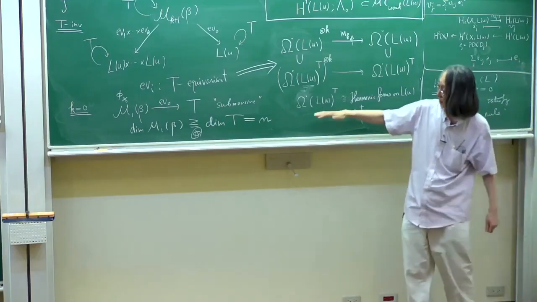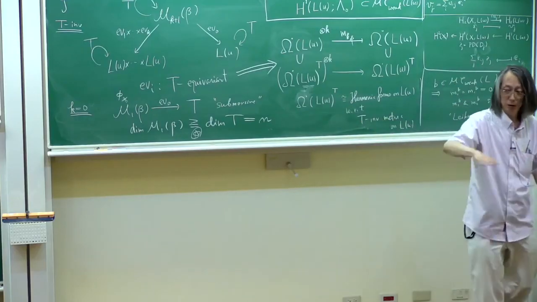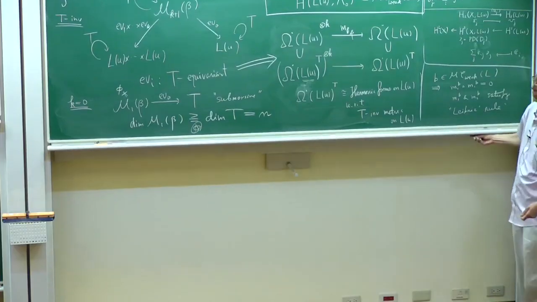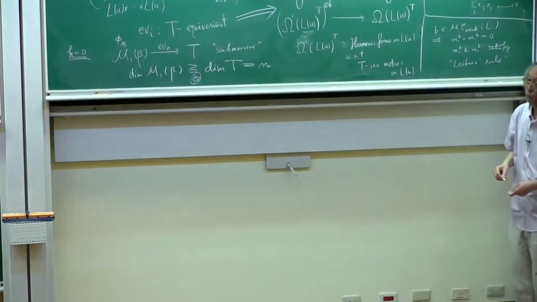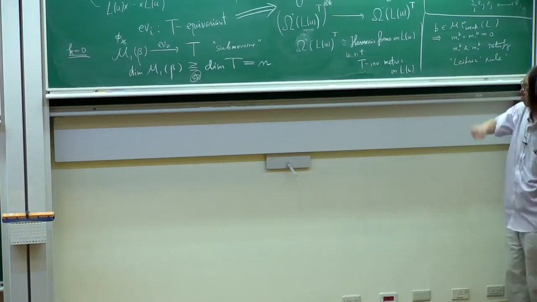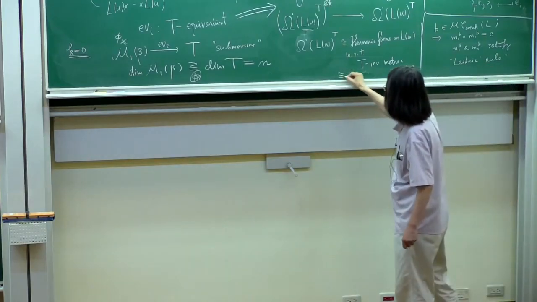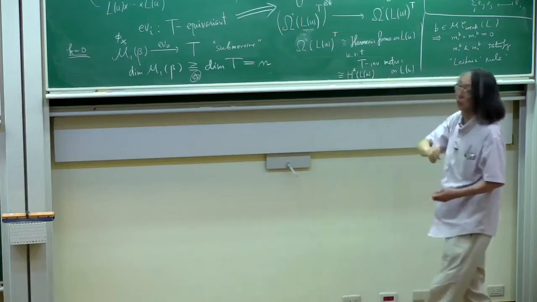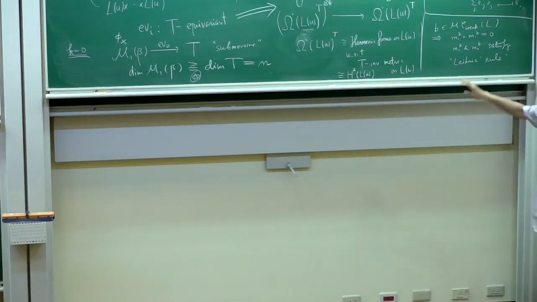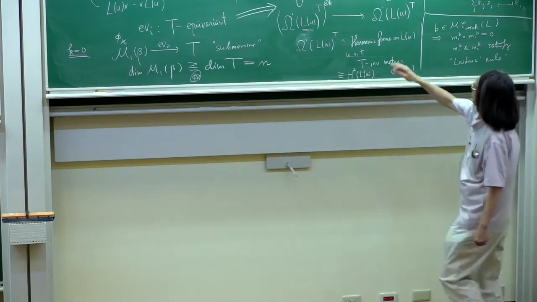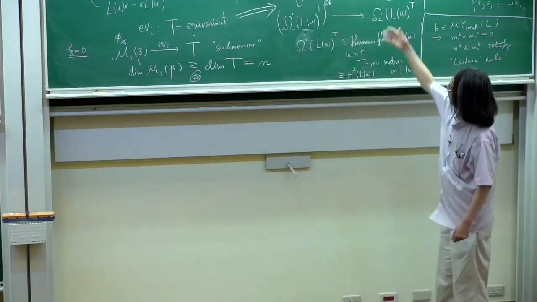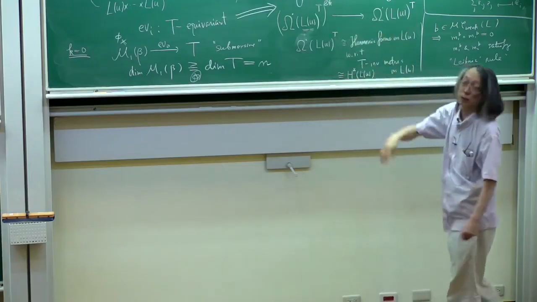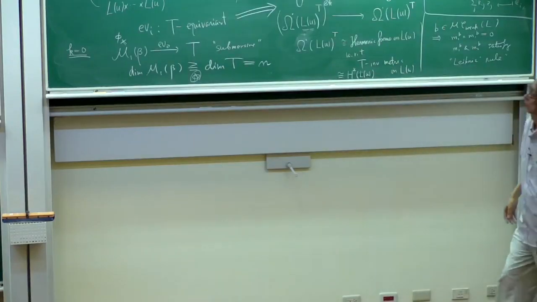And then that is, in this case, nothing but the T invariant differential forms. So therefore, this one is identified with the cohomology of Lu, right? So therefore, this one is isomorphic to H star of Lu. Okay? So in this situation, our operator MK beta restricts to such a space of harmonic forms.